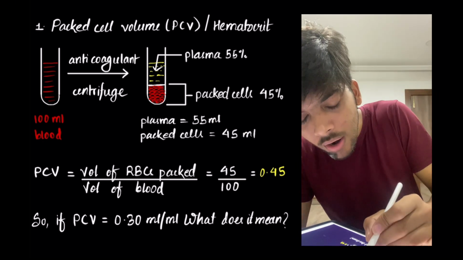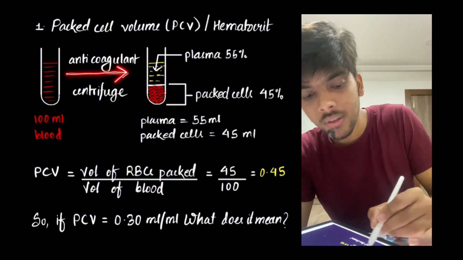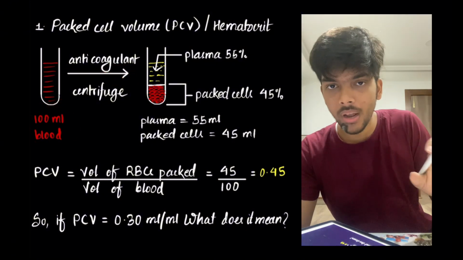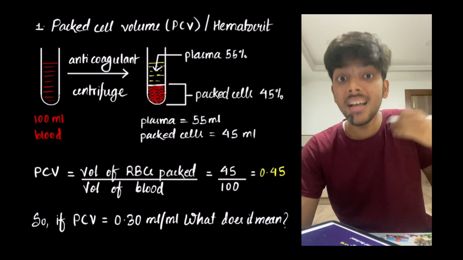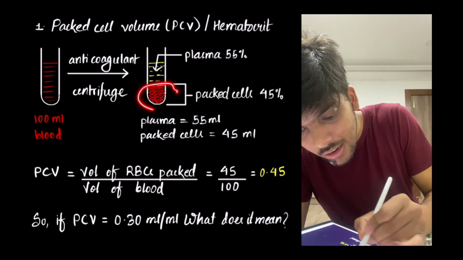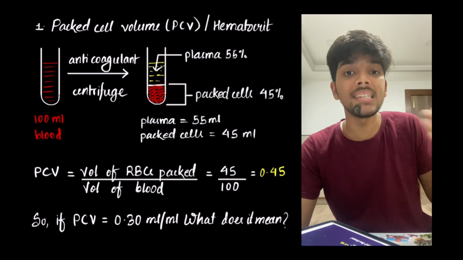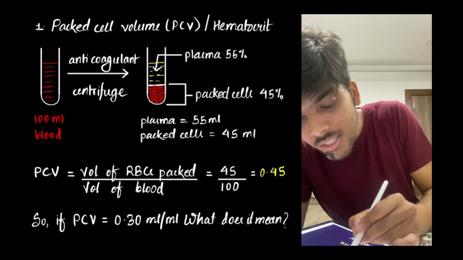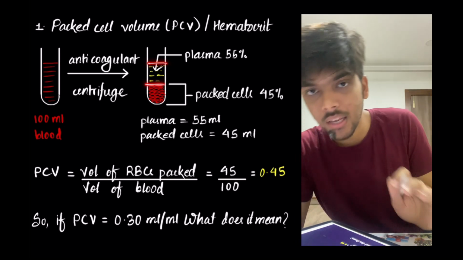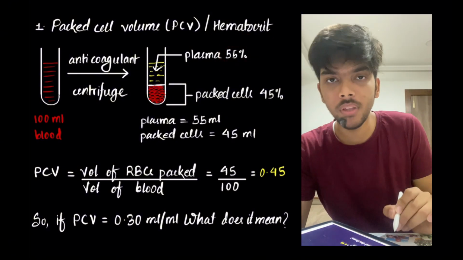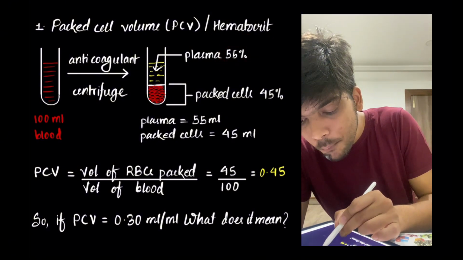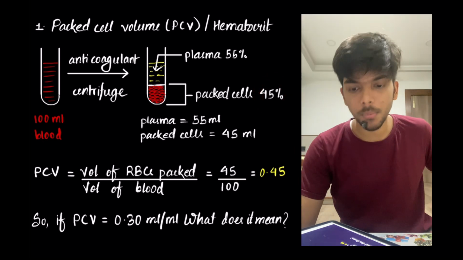Alright, so once centrifugation has occurred, in this 100 ml of blood, the portion of the blood that is heavy, which is obviously the cells, settles down, and the portion of the blood that is light, which is obviously the plasma, floats on top of the cells. The plasma composes 55% of the blood. The cells compose 45% of the blood.